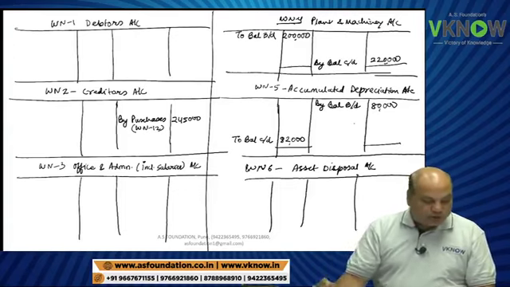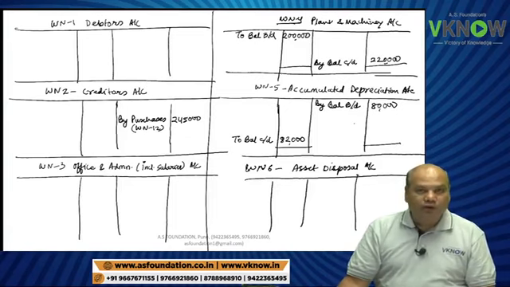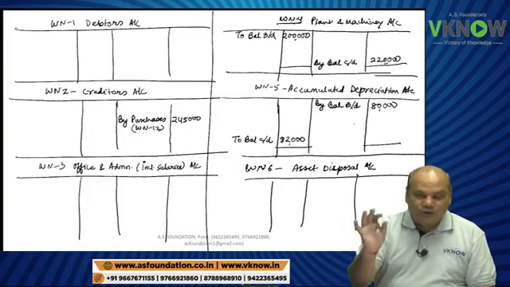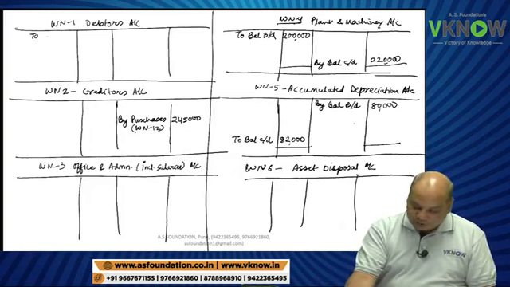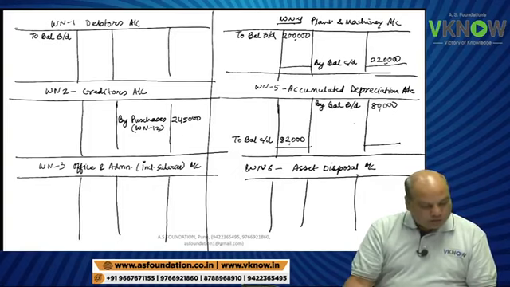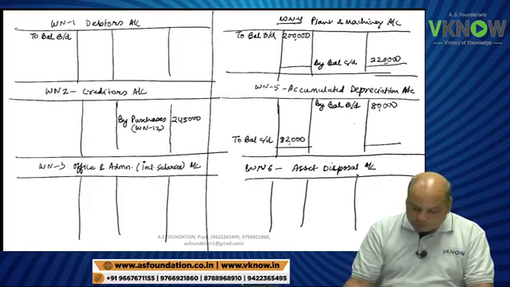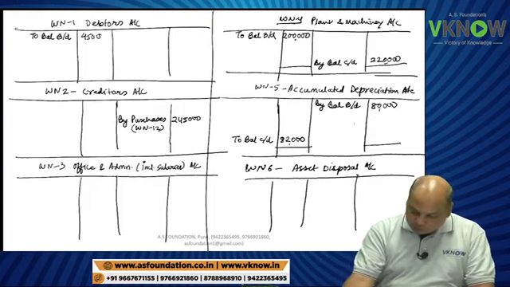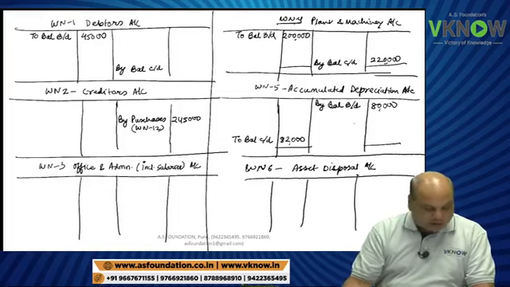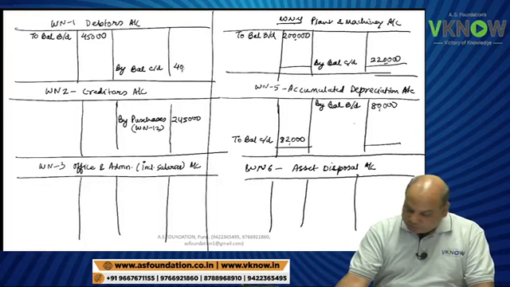So I will come to the balance sheet again. Up to inventory we have done. Debtors. There is a working note 1. Working note 1. To balance brought down, debtor opening balance is which one? 45,000. And by balance carried down, everybody write down nicely, 40,000.